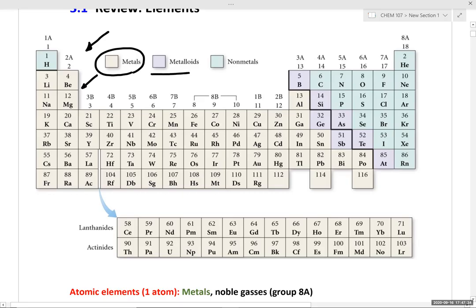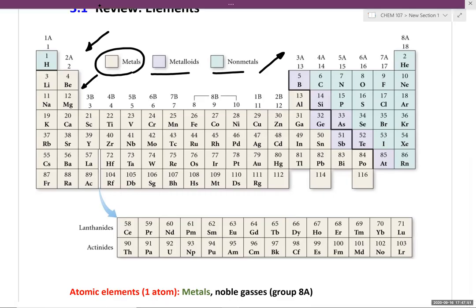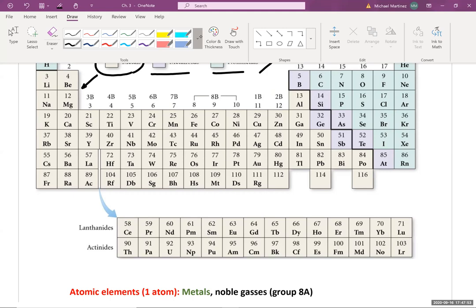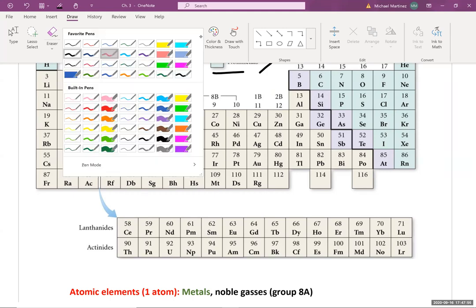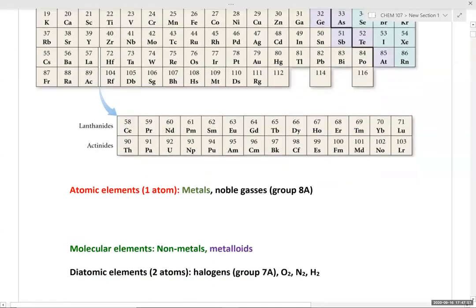The metalloids, which occupy the dividing line between the metals and nonmetals, and the nonmetals, which are primarily in the upper right-hand side of the periodic table. Now, the reason why I'm talking about metals, nonmetals, and metalloids right now is because it gives us the tools to begin to write out element formulas.